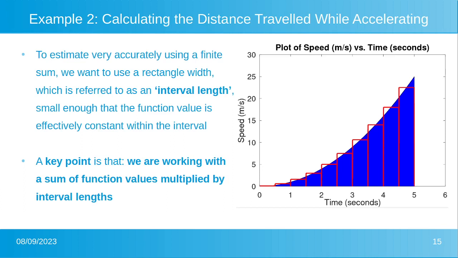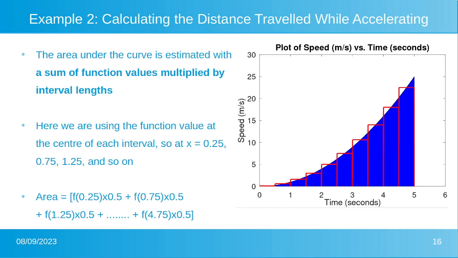So we want to use an interval length that's small enough that the speed within that rectangle is effectively constant. And a key point is that we're working with a sum of function values multiplied by interval lengths. The area under the curve is estimated with a sum of function values multiplied by interval lengths.